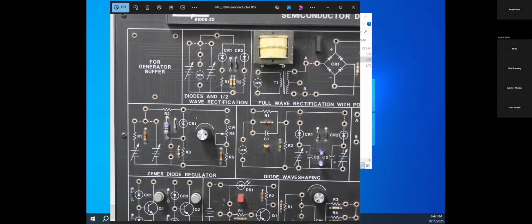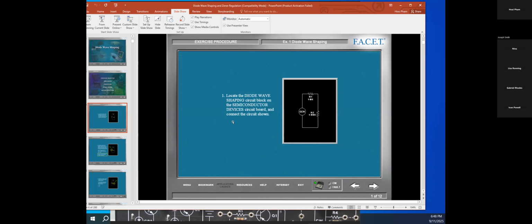Where am I? Let's see. Okay, you see locate the diode wave, right? Yes.